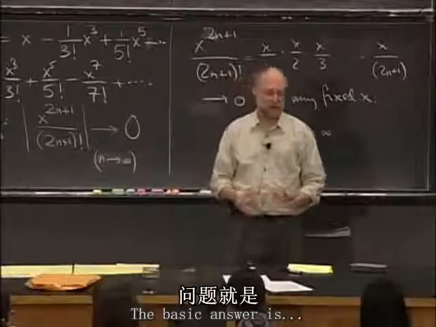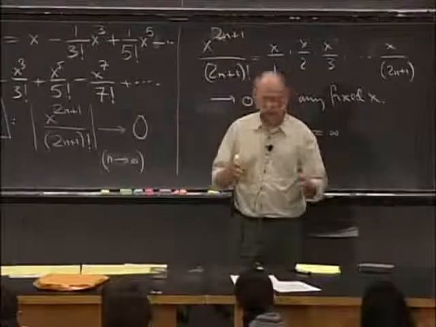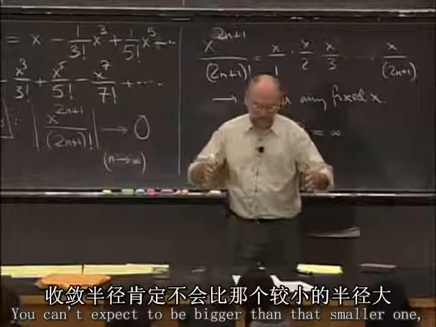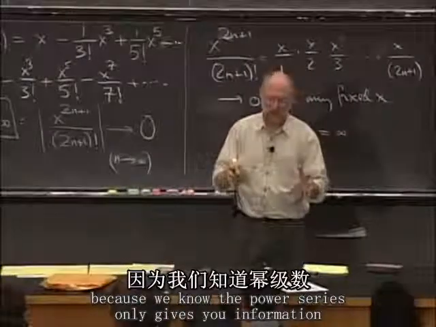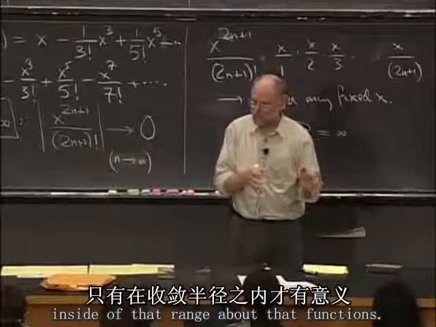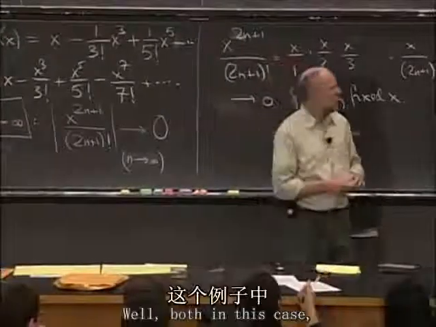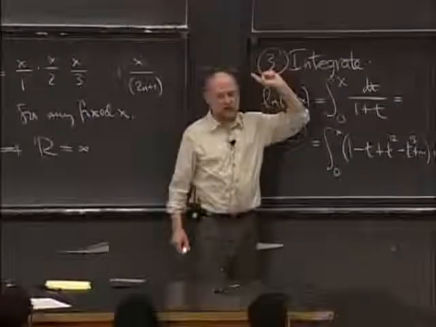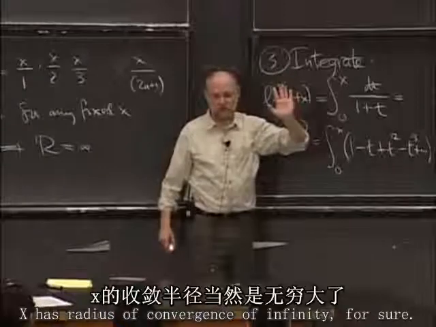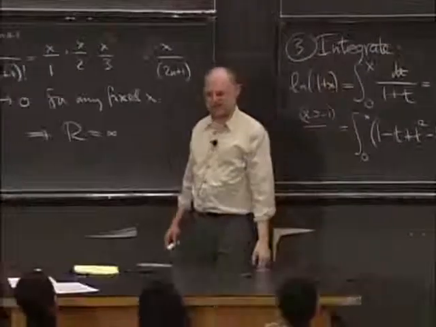The basic answer is, you can't expect it to be bigger than the smaller one because the power series only gives you information about the function inside of that range. In this case, both of the radii of convergence are infinity. x has radius of convergence infinity for sure, and sine of x does too. So you get infinity in that case. Okay?